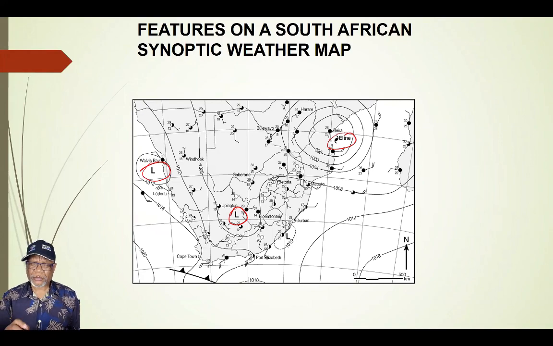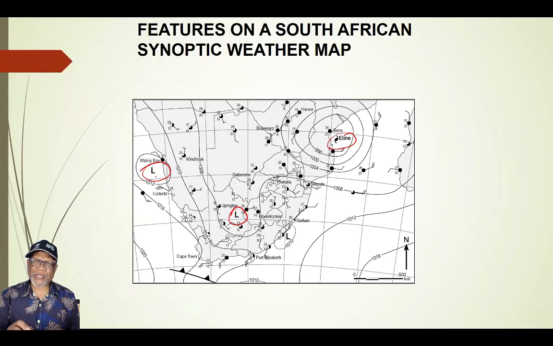Now, you must know when you do synoptic weather maps that different features will appear in different positions for different seasons. For example, this is what we call a coastal low. What is a coastal low? This is a low pressure cell that exists along the coast.